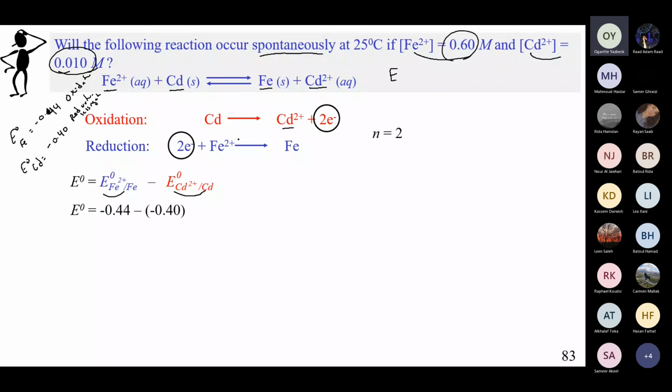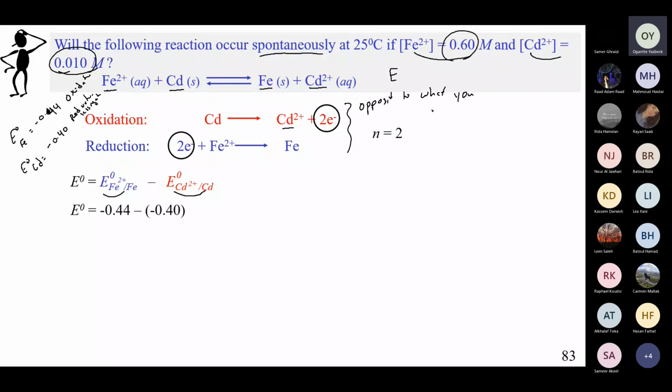So what is happening in this equation as given is that the iron is undergoing reduction while the cadmium is undergoing oxidation, the opposite of what you might choose.